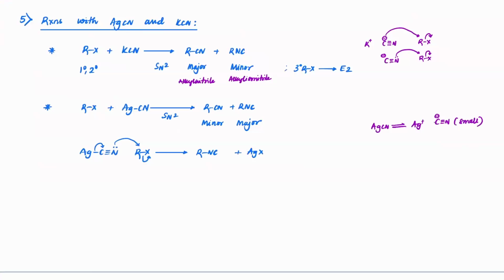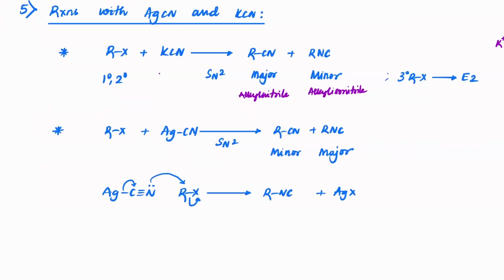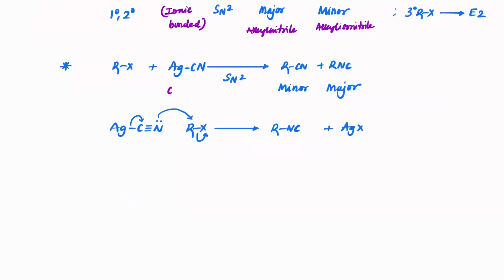So please remember ionically bonded compounds. That is the way to remember. This is ionically bonded, so cyanides will be the major product. Here it is covalently bonded, so isocyanides will be the major product.